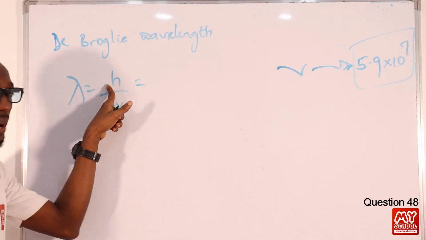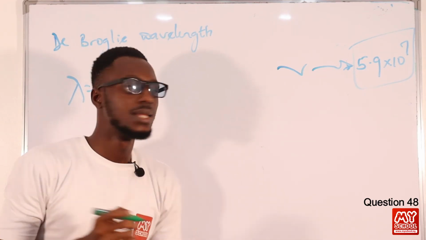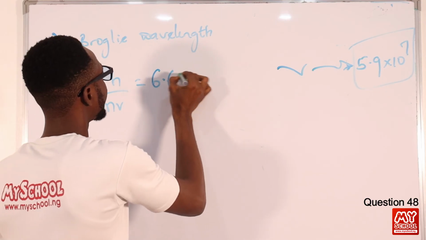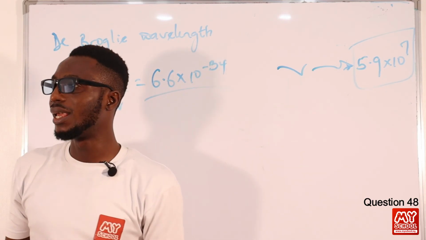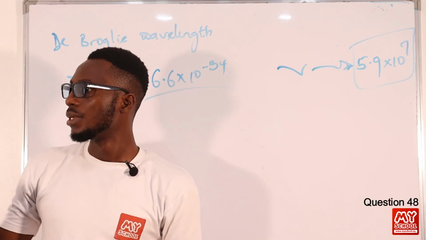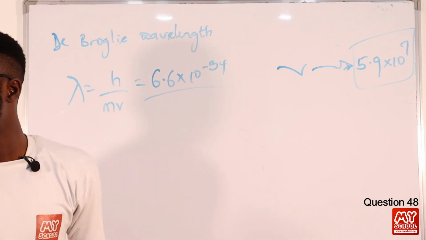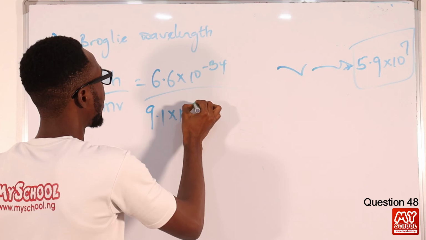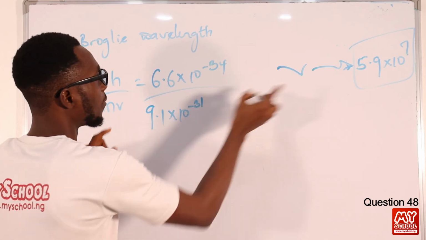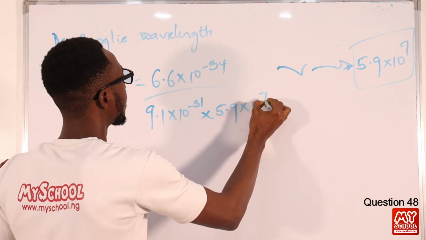So this H is our Planck constant. And what do we have that as? We have that as 6.6 times 10 raised to power minus 34. Then what's our mass again? I think our mass is somewhat around 9.1 times 10 raised to power minus 31. All right, then our V, which is 5.9 times 10 raised to power 7.